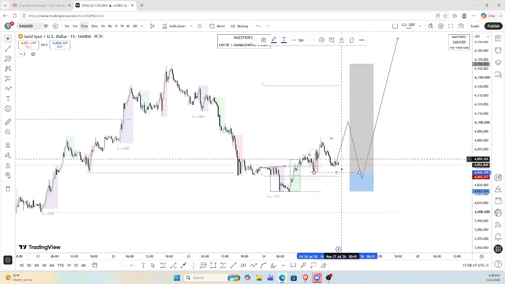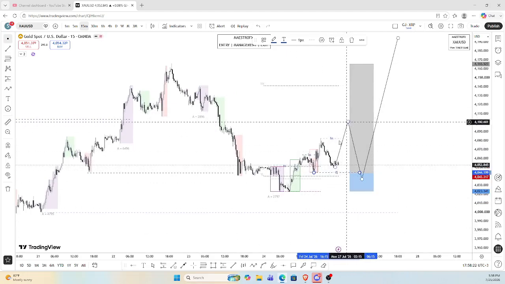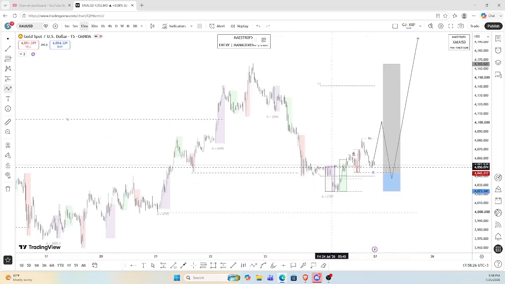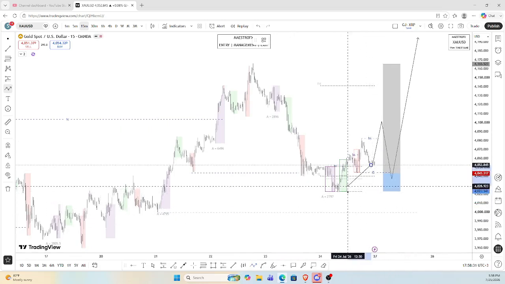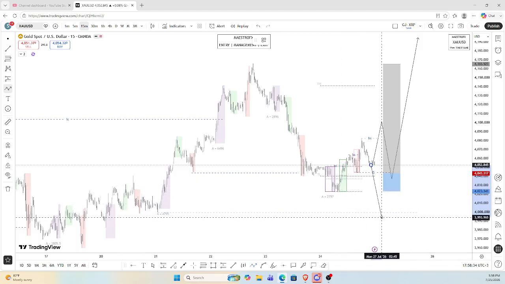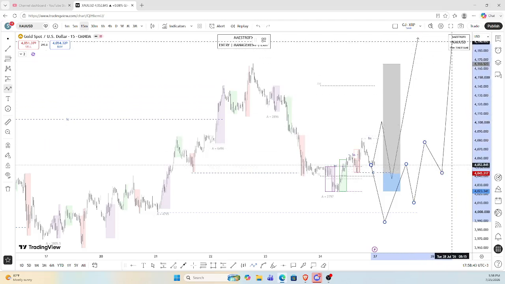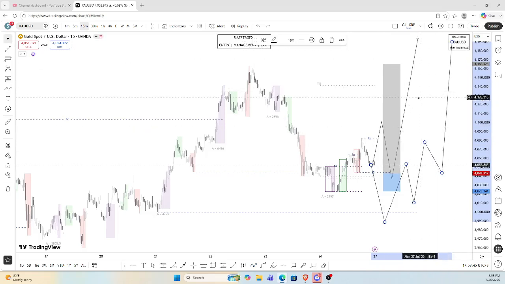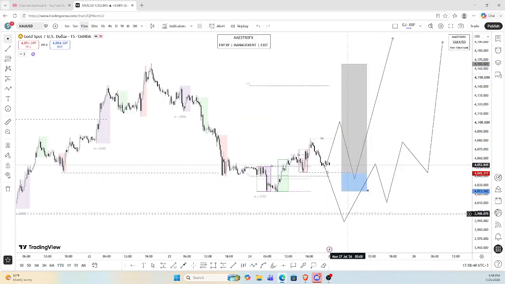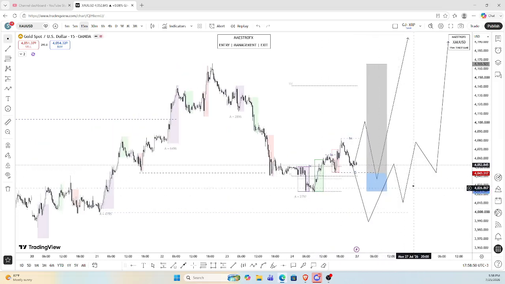And if this fails to push higher, you will get that swipe of this liquidity, and last but not least, a swipe of this internal liquidity before we start shifting the lower time frames to attain the higher time frame's target. Okay, and pretty much this is what I'll be looking for.